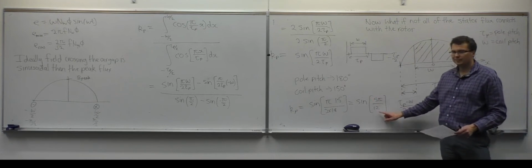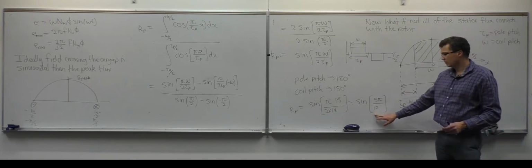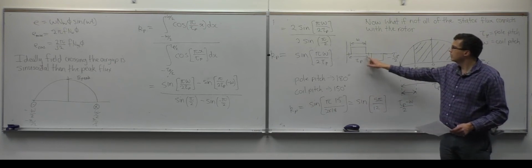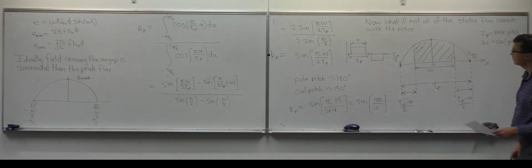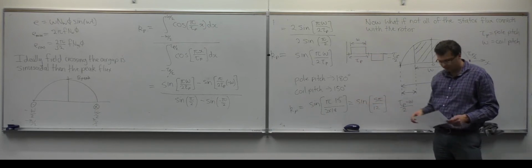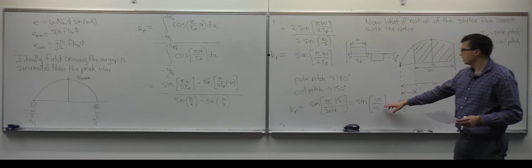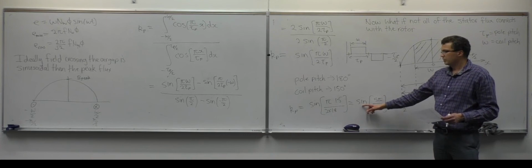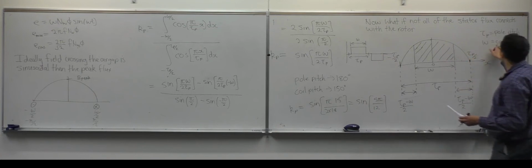We got that factor from that Fourier analysis. So what this says is that if you look at your winding function and you look at how the pole pitch and the coil pitch are different, you can use that to immediately find the Kp term in the winding. And this factor here will give you the difference from the ideal case where the pole pitch and the coil pitch are the same.